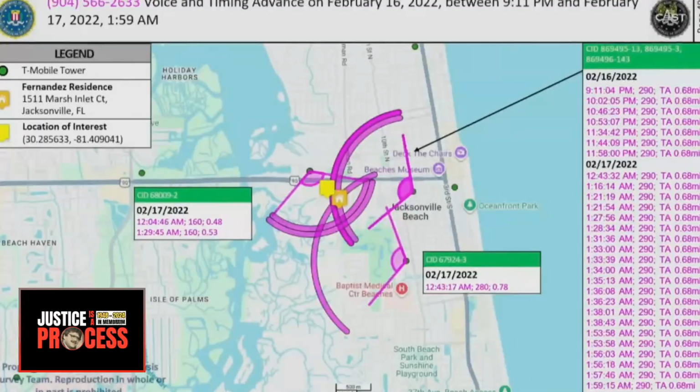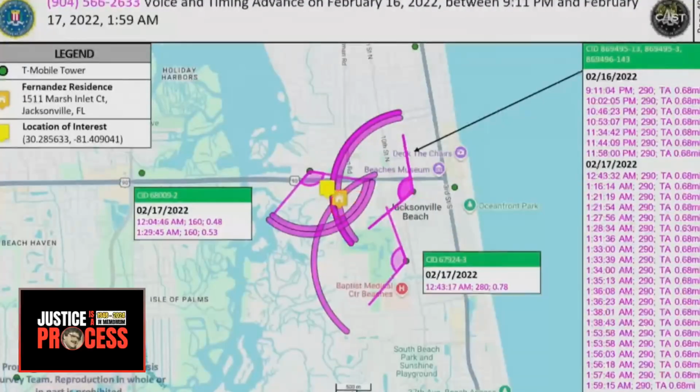We can see a 12:43 event here and a 12:43 event from the tower near the Jacksonville Beach sign. So those 2 timing advance events intersect about in this area, near the same area as the Fernandez residence.